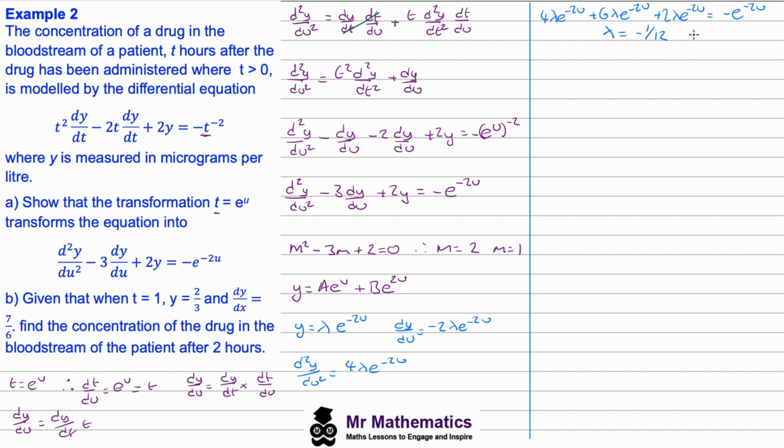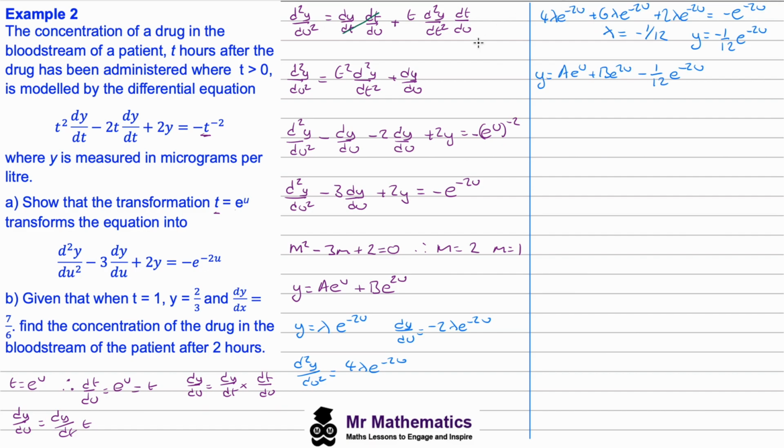So our particular integral then becomes y, substituting this lambda back into here, negative 1/12 of e to the minus 2u. So now we know that y will be the complementary function a e to the u plus b e to the 2u minus a particular integral, so 1/12 e to the minus 2u.